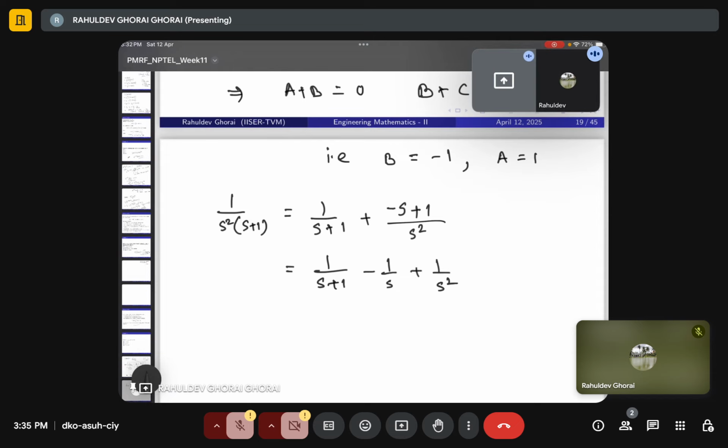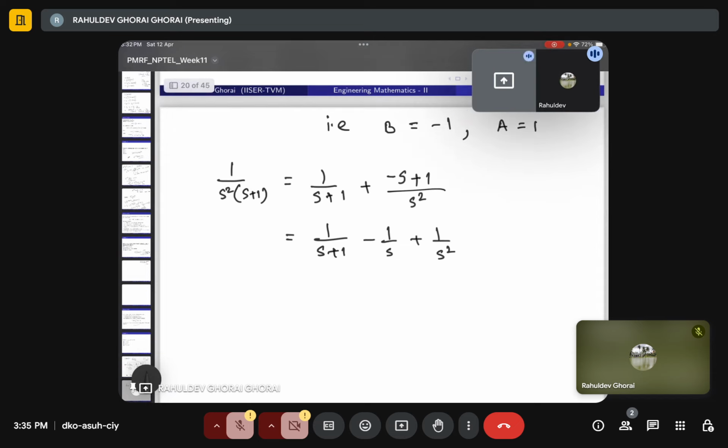Now can you tell me what is the Laplace transformation of 1 over s square or 1 over s? This will be L of 1, right?